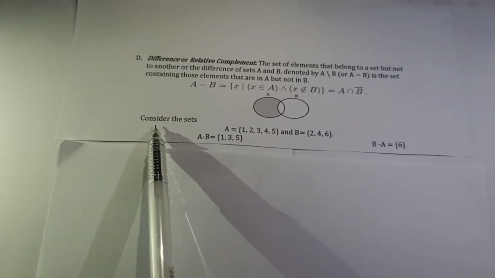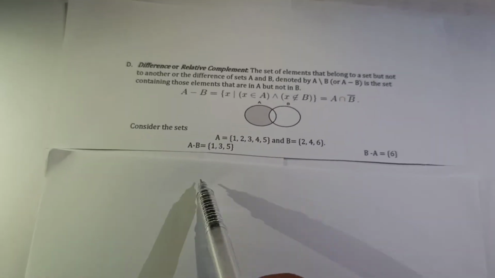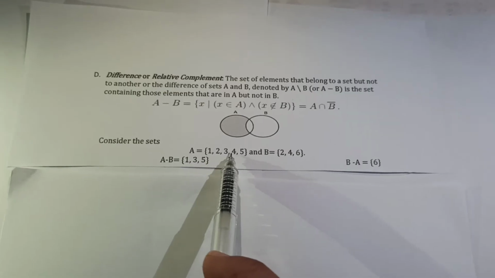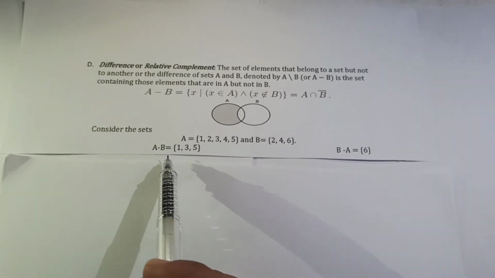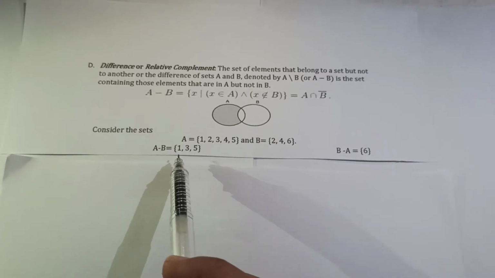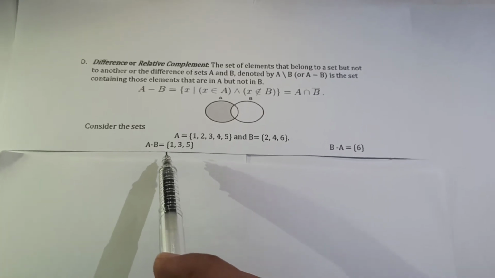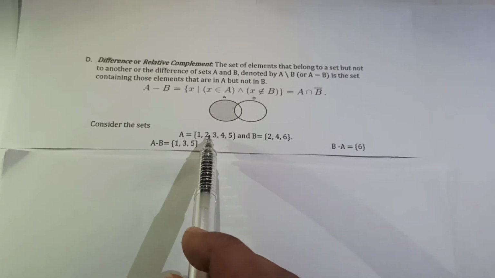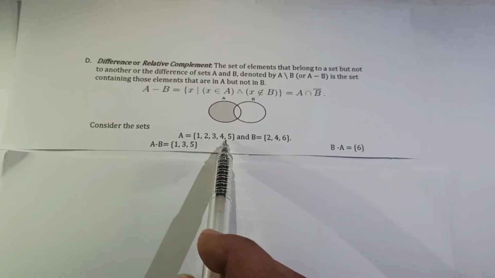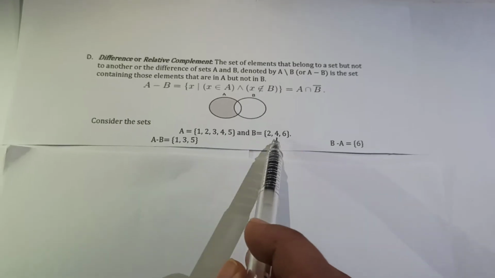So, let us consider these sets. We have here A, {1, 2, 3, 4, 5}, and B, {2, 4, 6}. What is A minus B? To get deeper with this one, A minus B: 1, 2, 3, 4, 5 is the set of elements of A, and B is {2, 4, 6}.